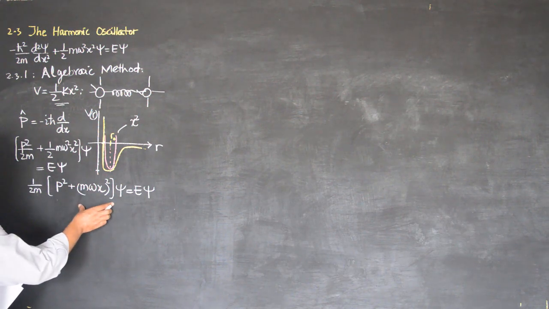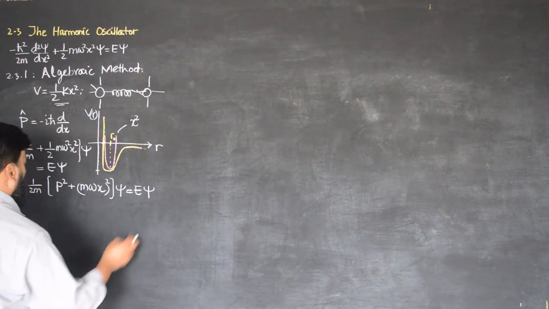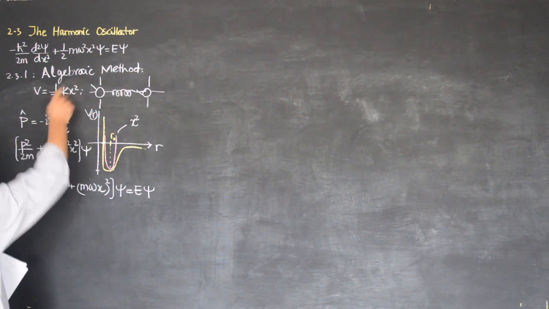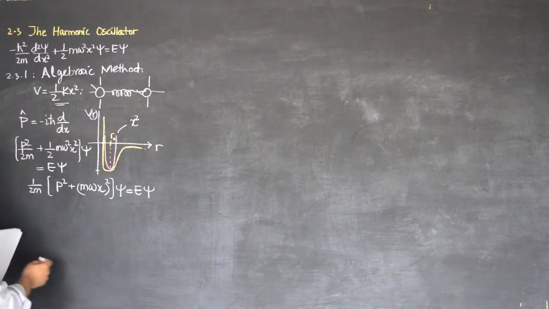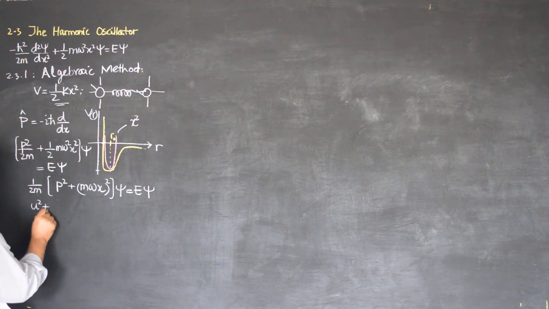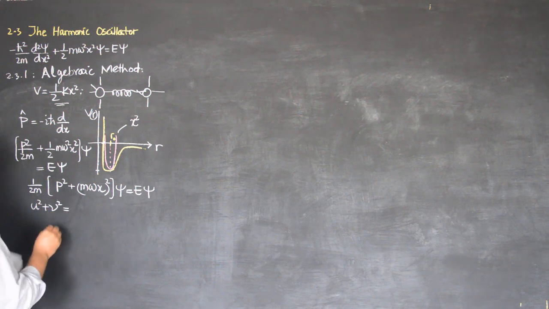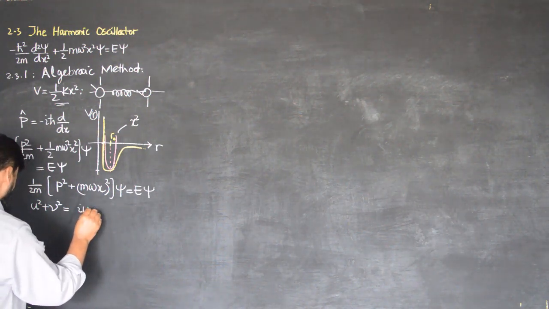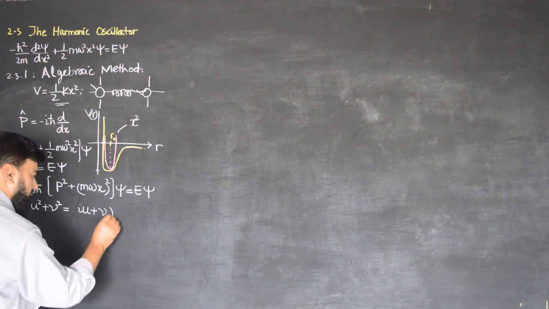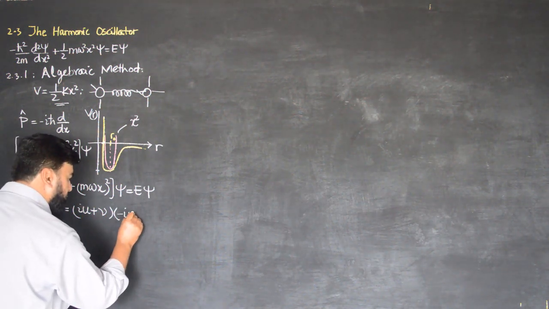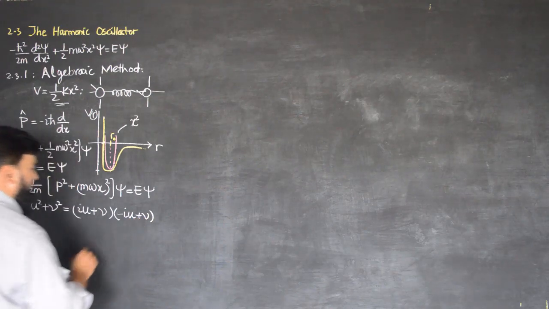Now we will have to solve this equation, and to solve it we will use the algebraic method. Inside the algebraic method I know that u square plus v square I can write as iu plus v multiplied by minus iu plus v.